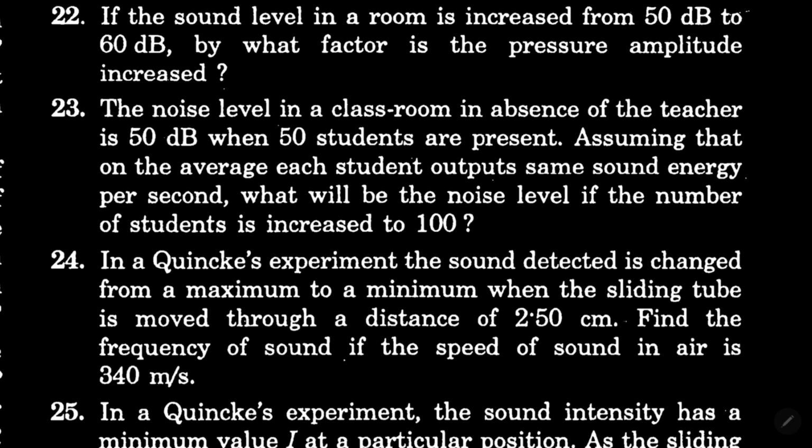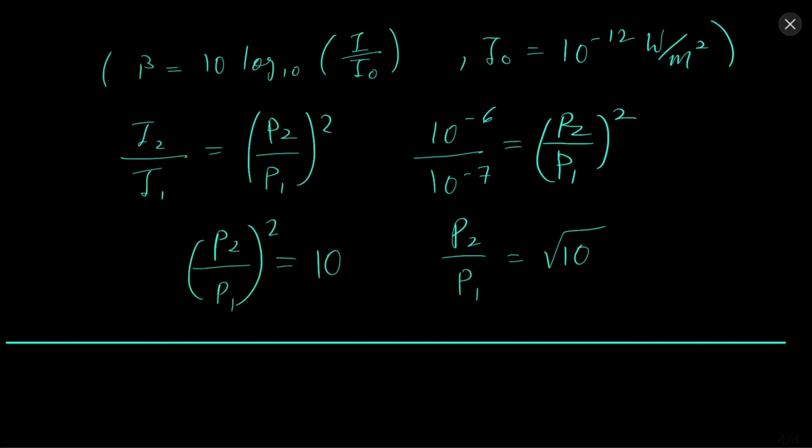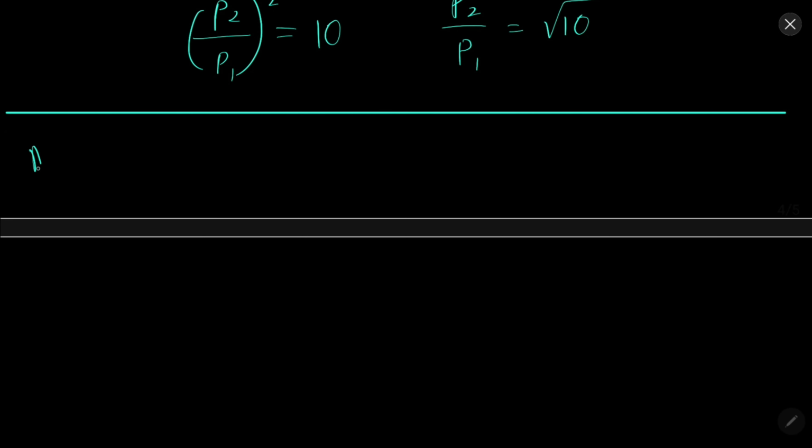In question 23, noise level in a classroom in absence of the teacher is 50 dB. What will be the noise level if number of students is increased to 100? Solution 23.